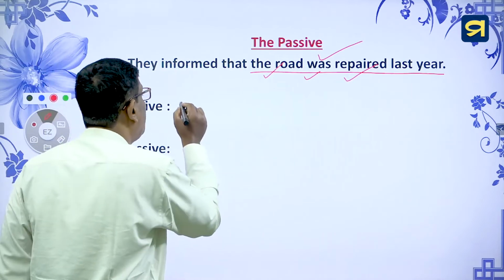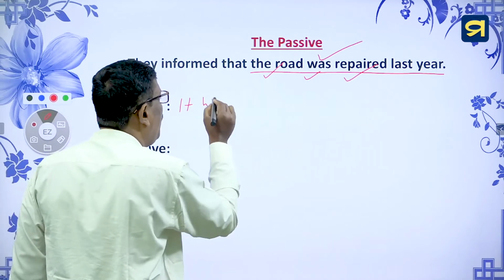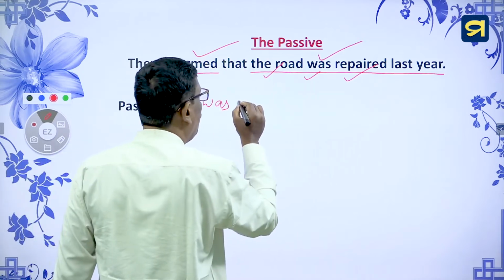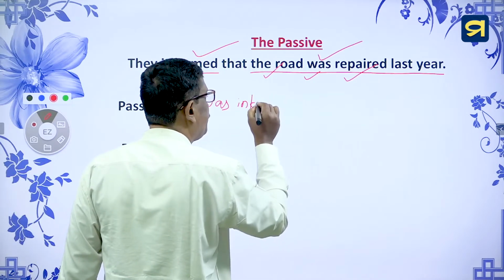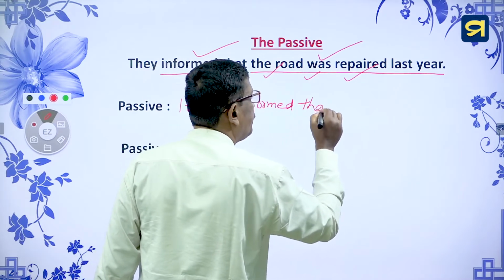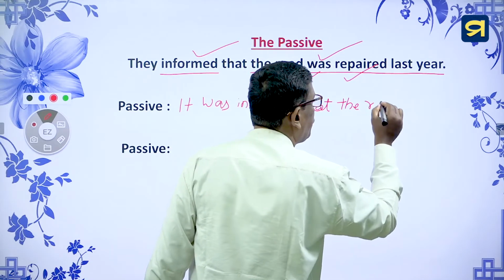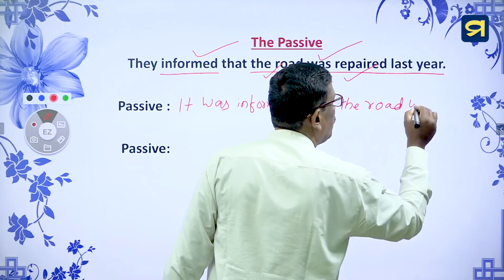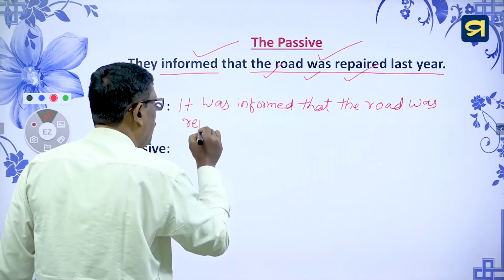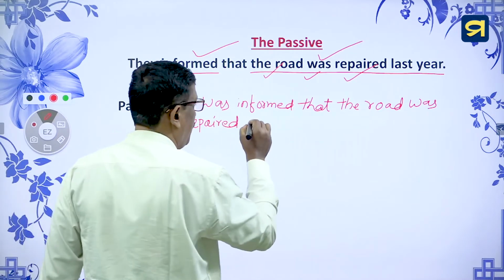First, we will change the sentence by using it, followed by was. Why? It was, because it is in simple past tense. It was informed that the road was repaired last year.